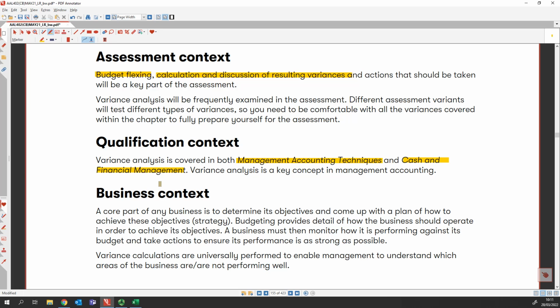If the performance is worse than expected, then again we need to understand why so that we can take corrective action and get the organization back on track, so that the longer term goals are achieved in a timely fashion.